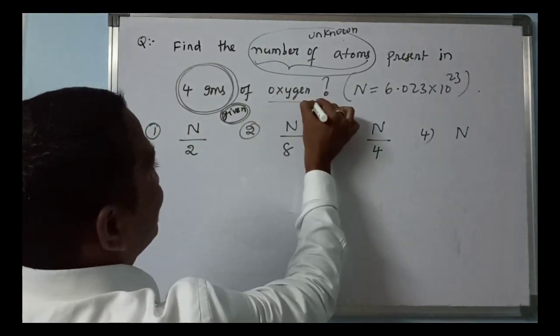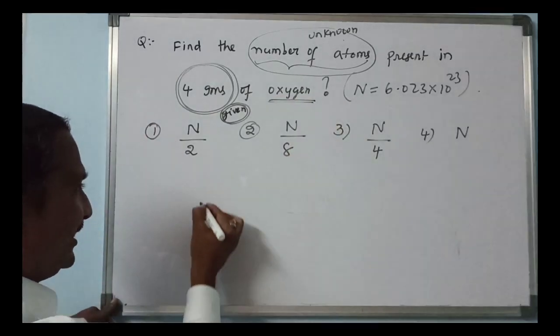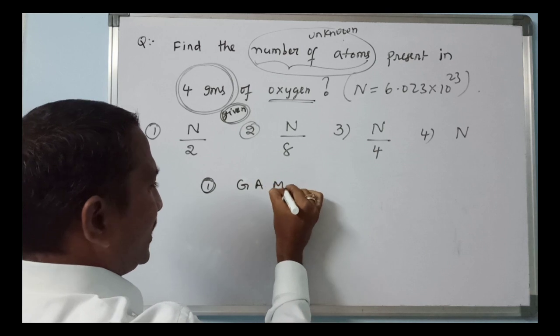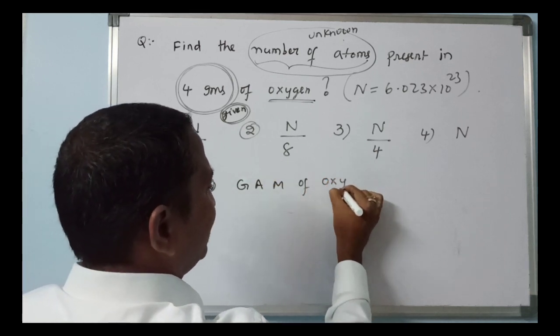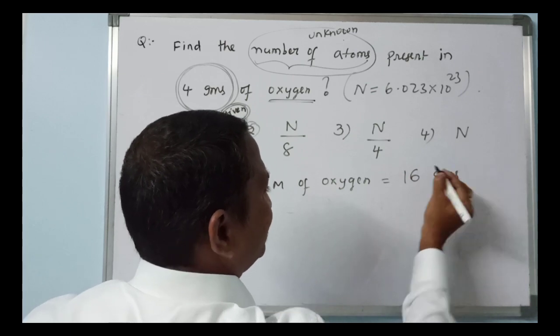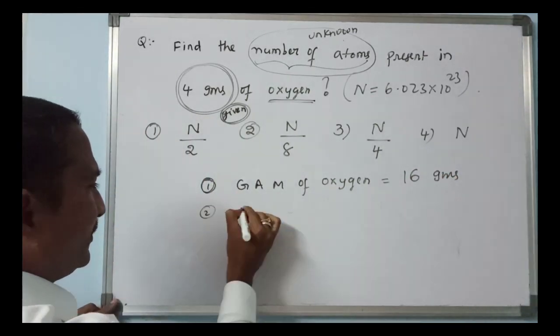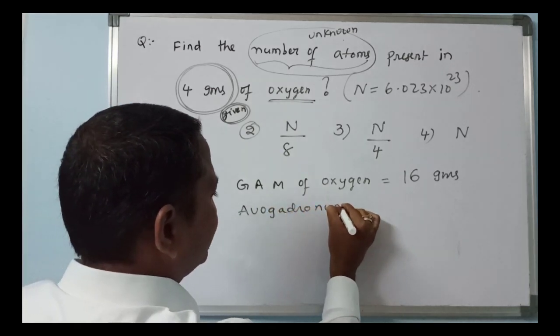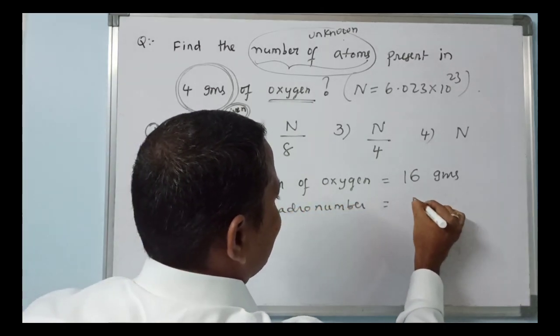See, this is oxygen. Now first point, you write the gram atomic mass of oxygen from the table, that is 16 grams. Then you write Avogadro number, that is n.